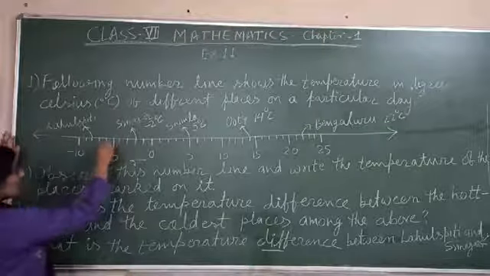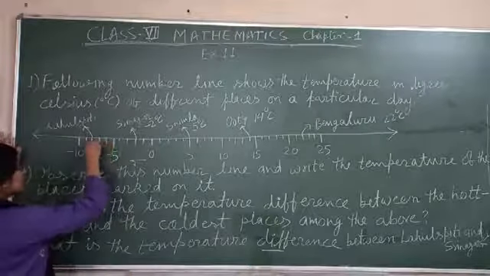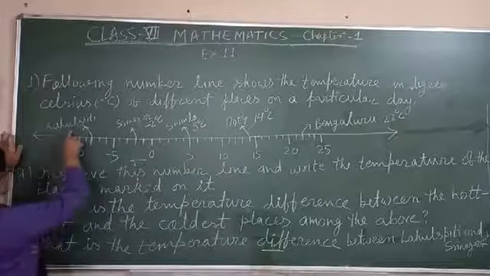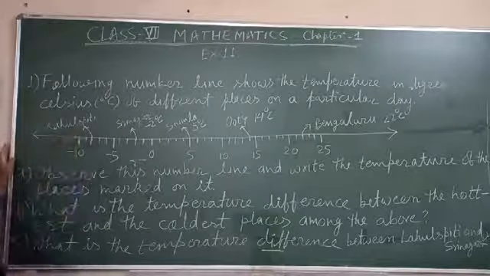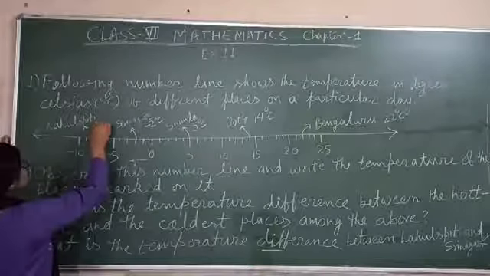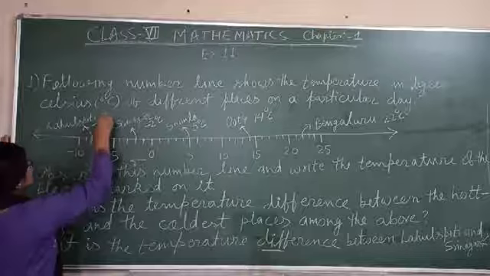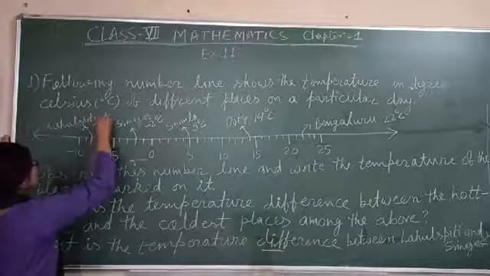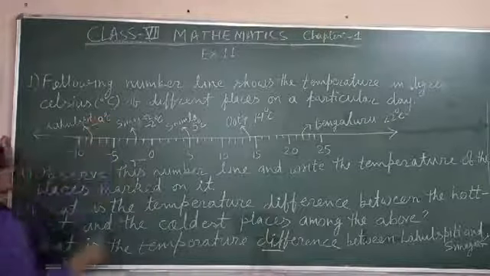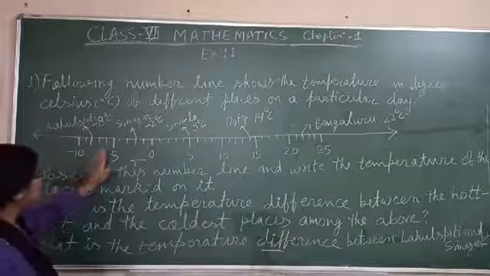So after -5, -6, -7, -8. So the temperature of Lahore Spiti is -8 degrees Celsius. You have to write just that way in your book and focus on how you will count.